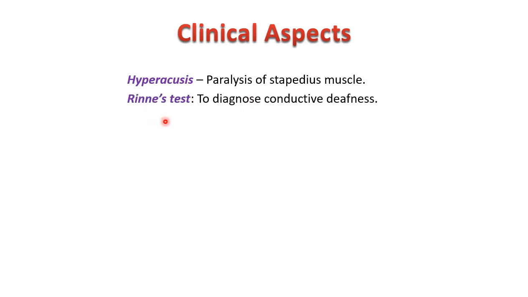Rinne's test is mainly to diagnose conductive deafness. Sound conduction is mainly through the ear ossicles, through the air and the tympanic membrane, and also through bone conduction. Through bone conduction, one hears his own voice. To confirm conductive deafness, whether the sound is conducted to the middle ear through the ear ossicles, you do Rinne's test.